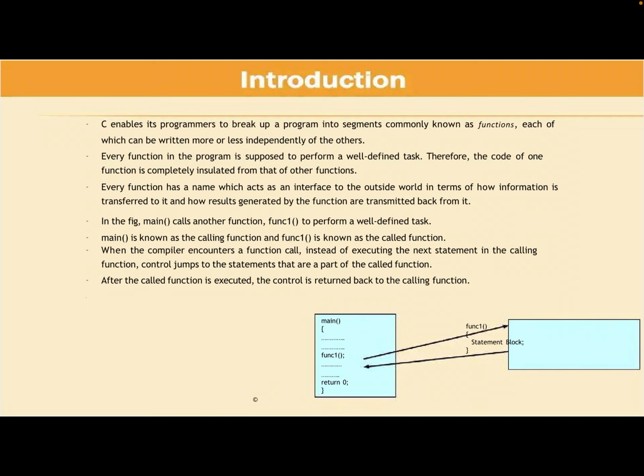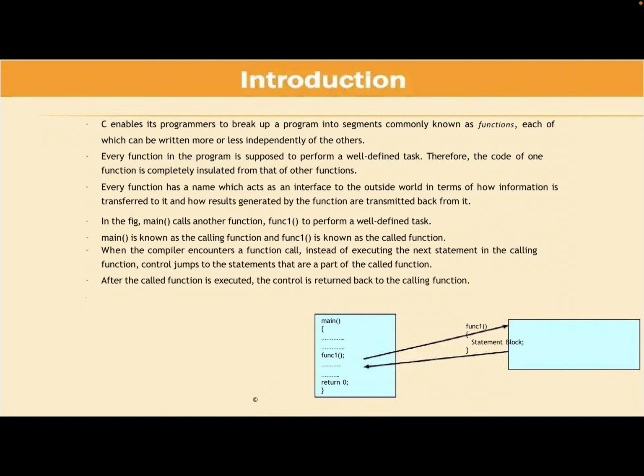Every function is given a particular name to perform a well-defined task. Therefore, the code of one function is completely insulated from that of another function. Every function has a name which acts as an interface to the outside world in terms of how the information is transferred to it and how the results generated by the function are transmitted back from it.